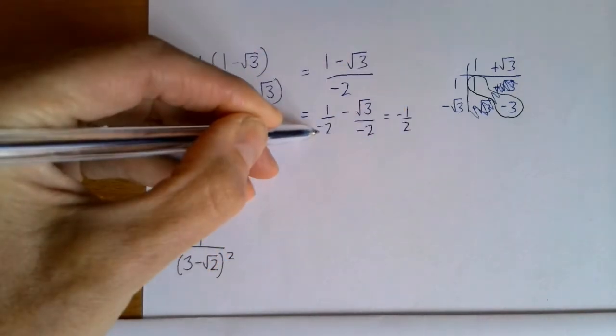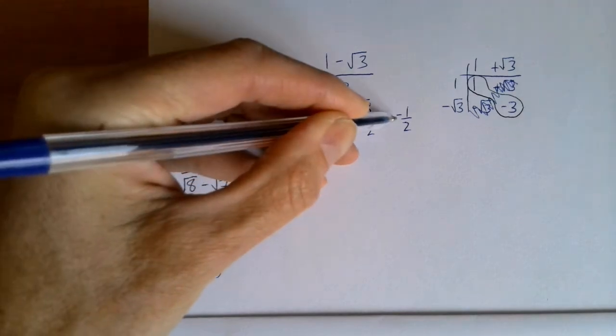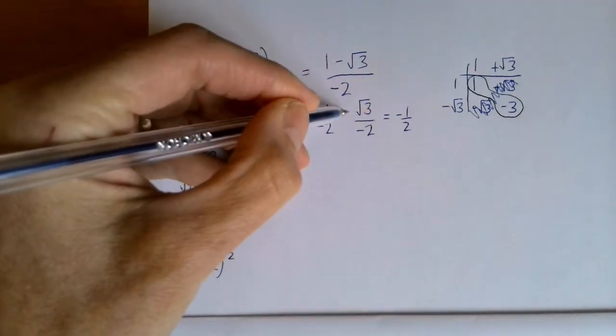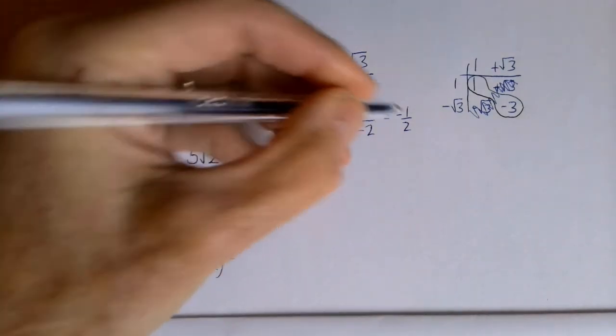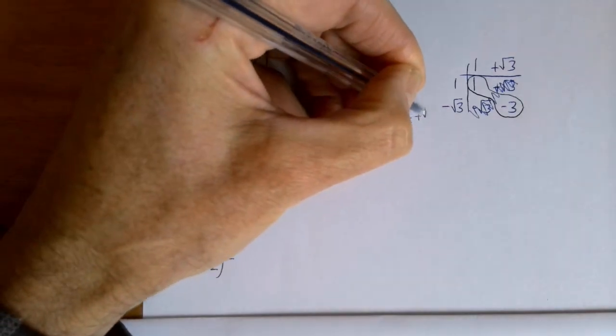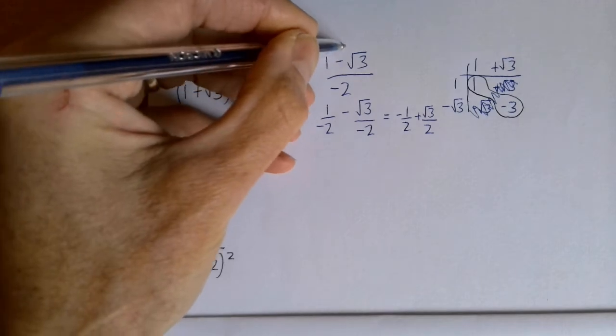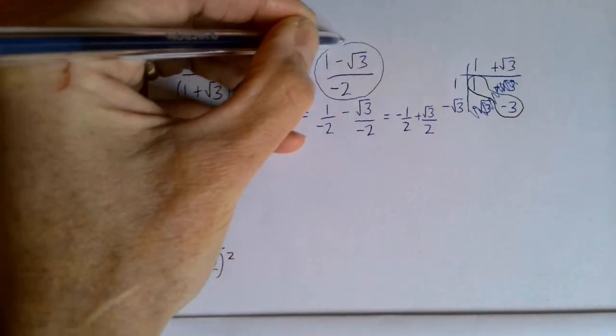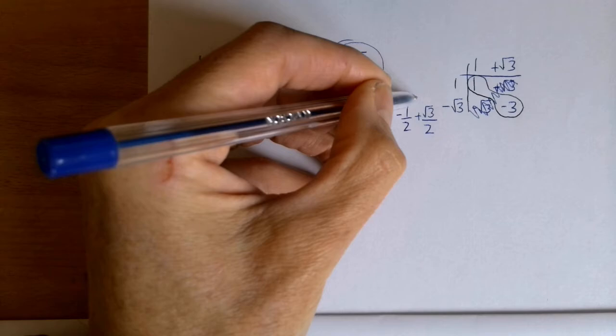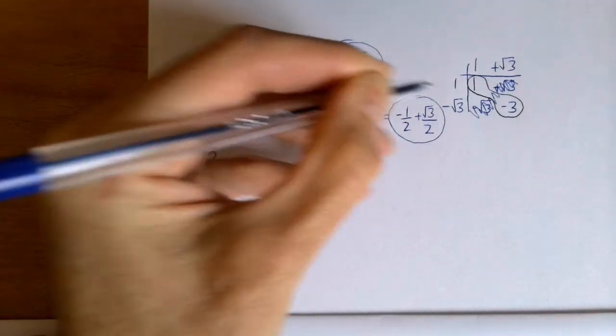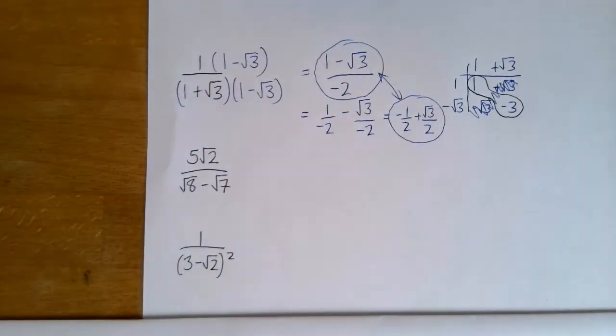That minus sign, I can leave it there, I could put it here, or I could put it in front. It doesn't really matter. But look, I've got minus root 3 divided by minus 2, and that's going to be plus root 3 over 2. Now, I say again, nothing wrong with leaving it like that. I think I probably would in that case, but that is the same thing. That's 2 ways of writing the same answer.